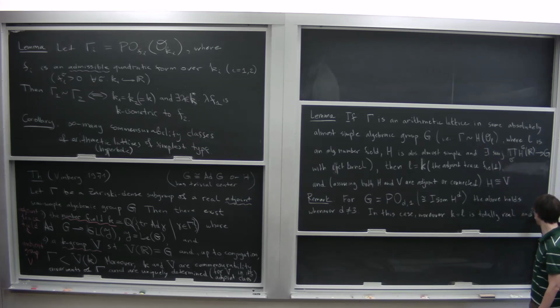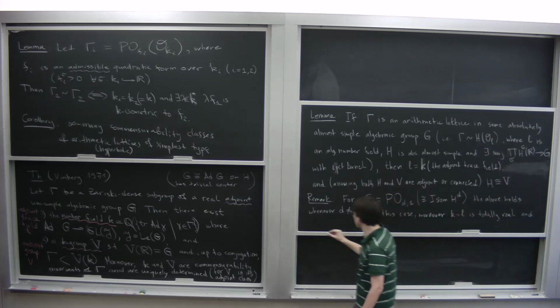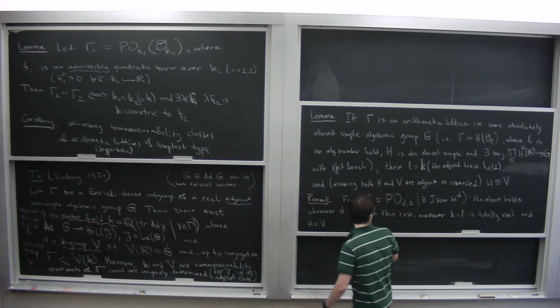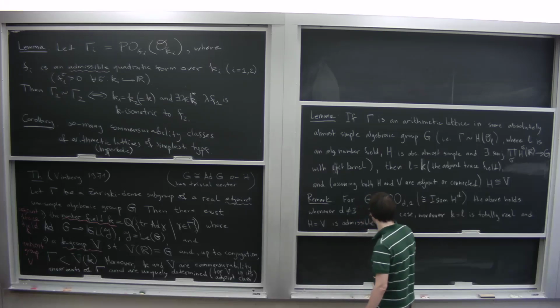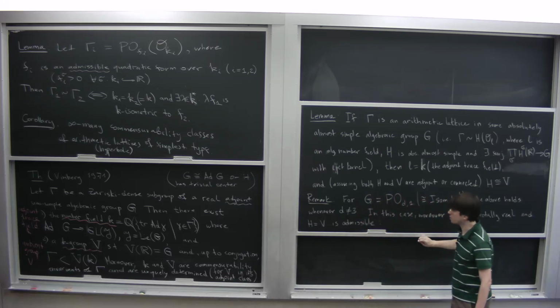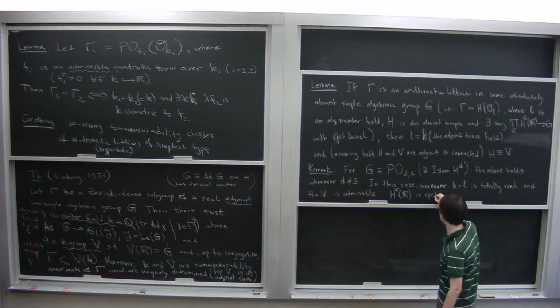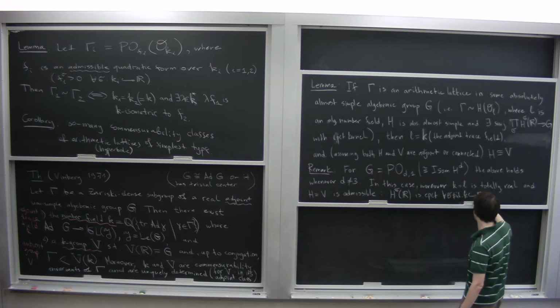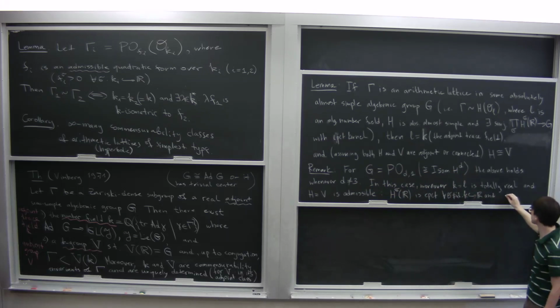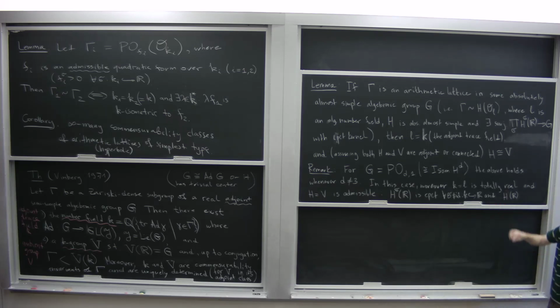Moreover, it's totally real, and H with V is admissible, which means the following: H_sigma(R) is compact for every non-identity embedding sigma of the field K, and H(R) itself is isogenous to G.